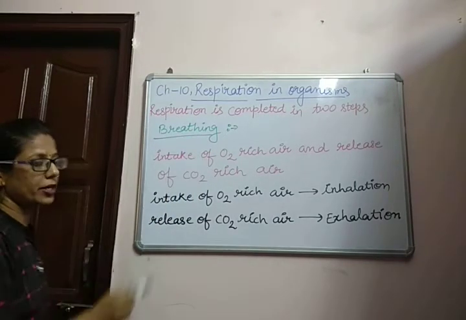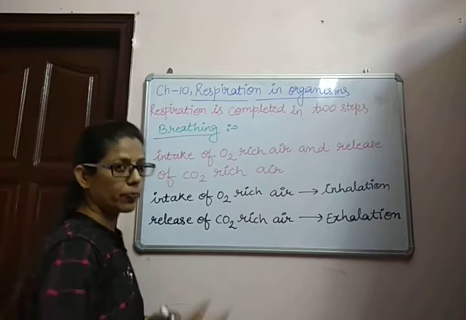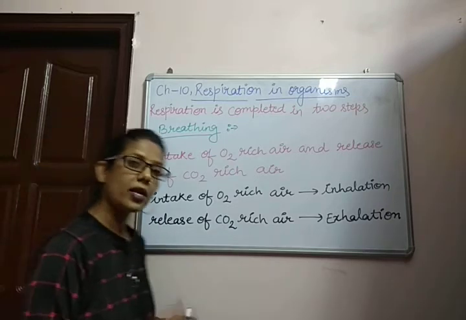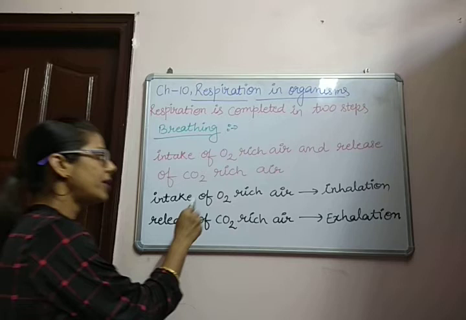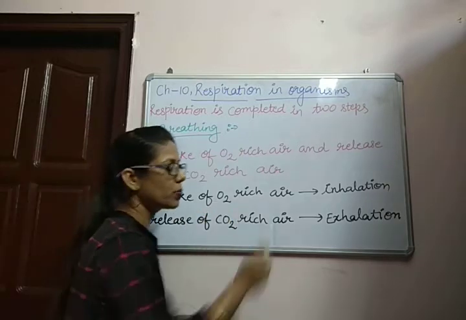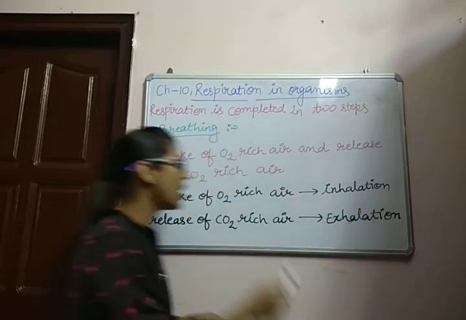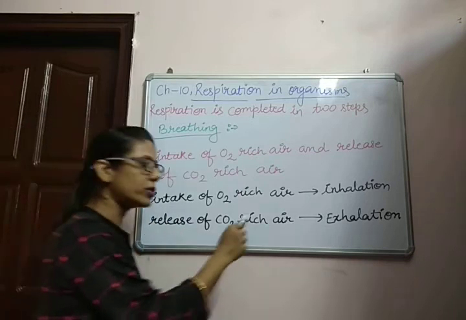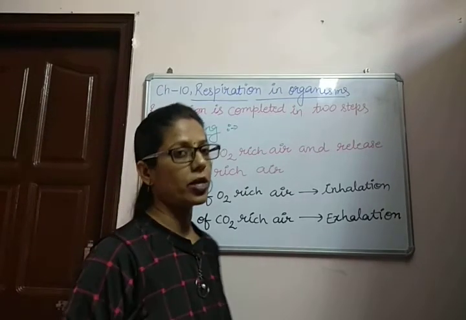So breathing also involves two processes: inhalation and exhalation. When we take in oxygen rich air, this process is known as inhalation, and when we release carbon dioxide rich air, this process is known as exhalation.